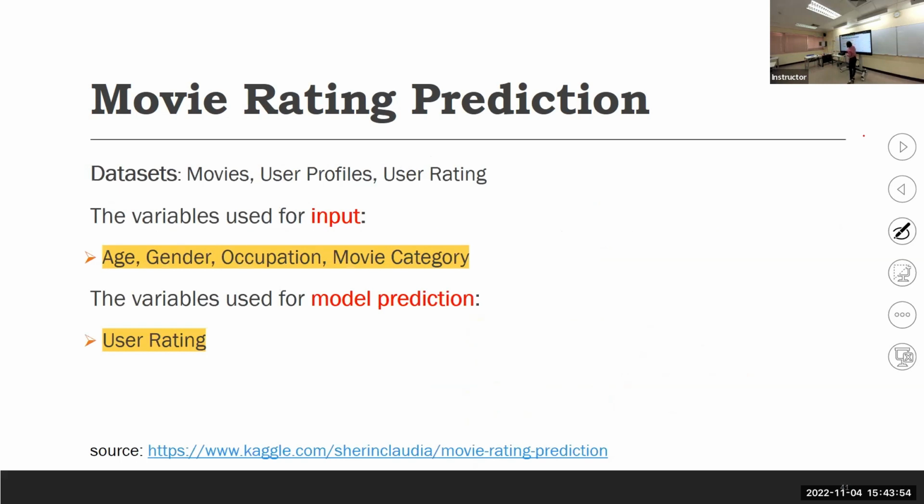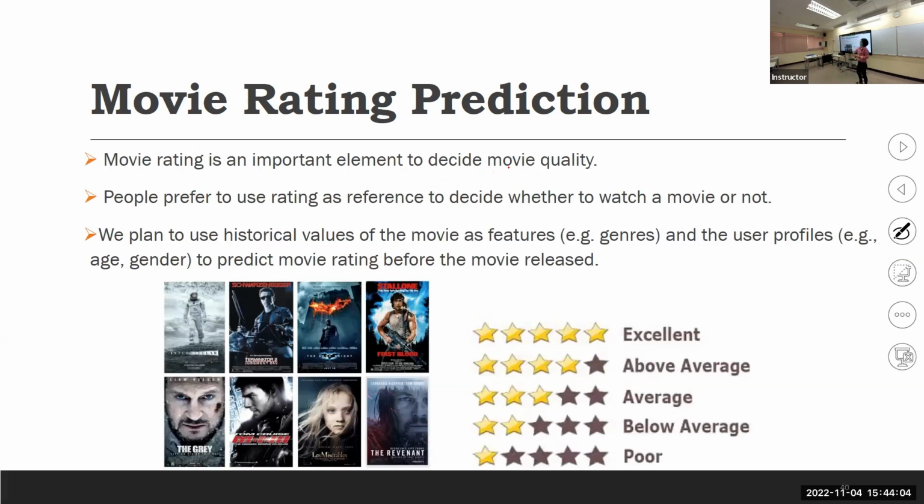The data set we will use would involve data about movies, user profiles, and user ratings. What I'm trying to explain here is that we are following a brief process of data analytics.